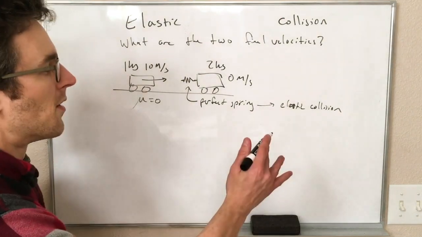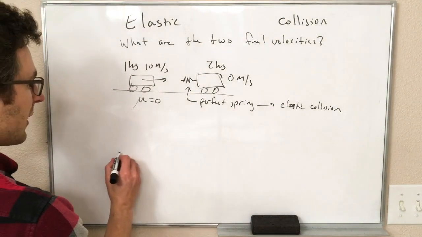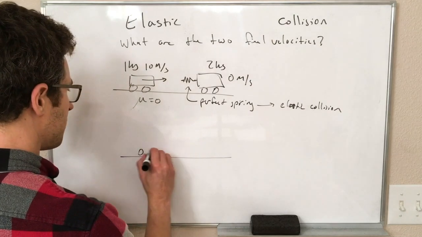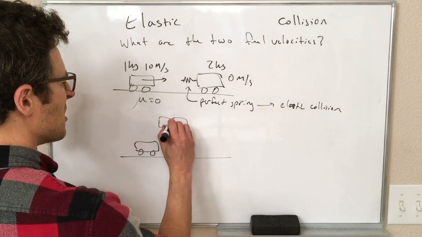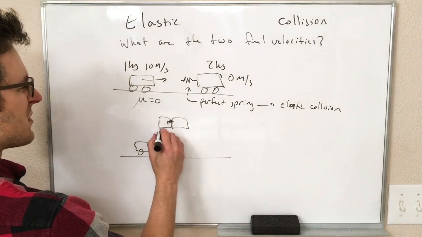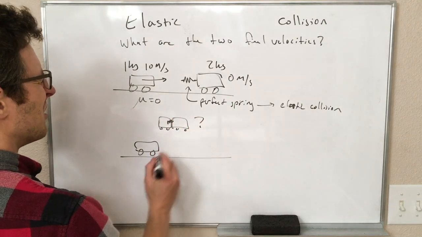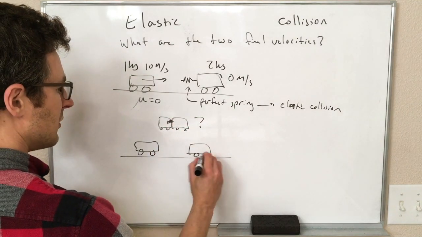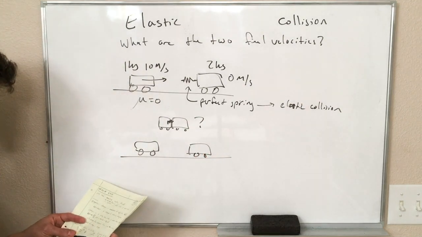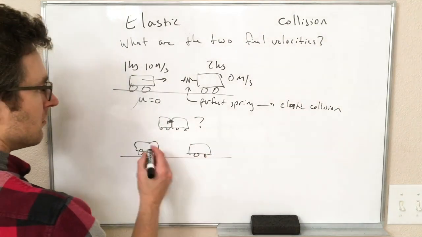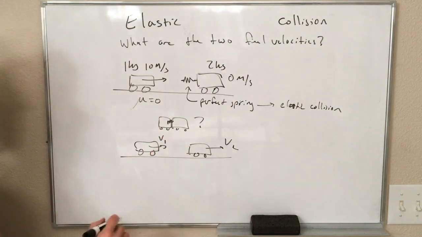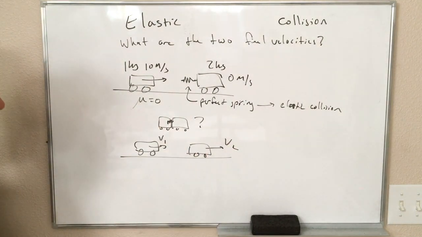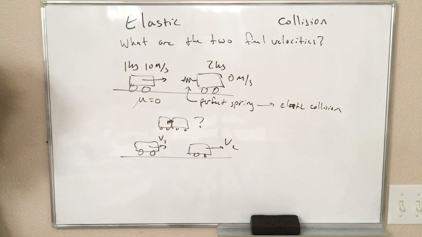Okay, before we do the equations, I will draw what the final picture looks like. In between, the spring is compressed in there. We don't know what's going on. And then some amount of time later, we have our two carts, and we can say, okay, this is V2, this is V1. We want to know what these two final velocities are.